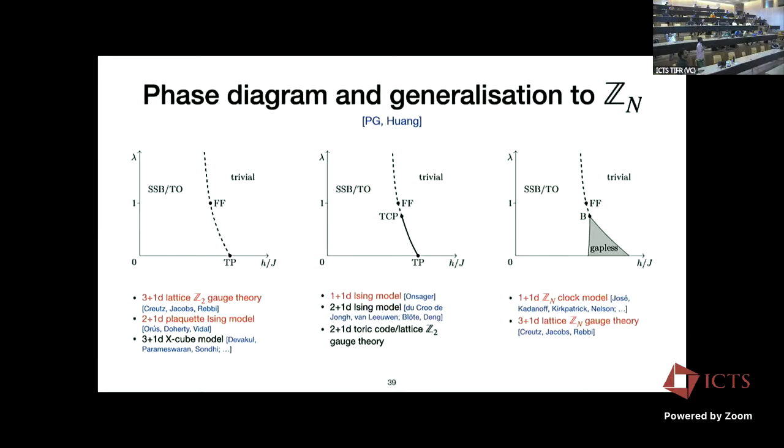For example, in the 1+1D Zn clock model, it could be 1+1D or 3+1D, in both. In 3+1D Zn gauge theory, you have topological Zn gauge theory here, topological order, a trivial phase, and this is described by U1 Maxwell theory.